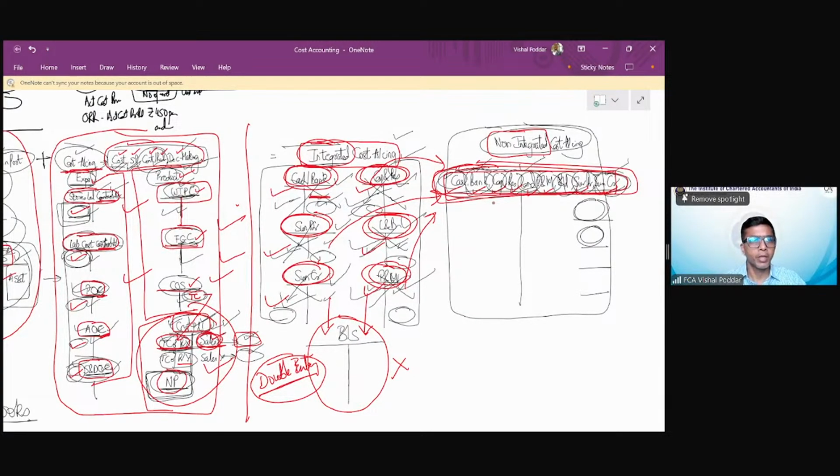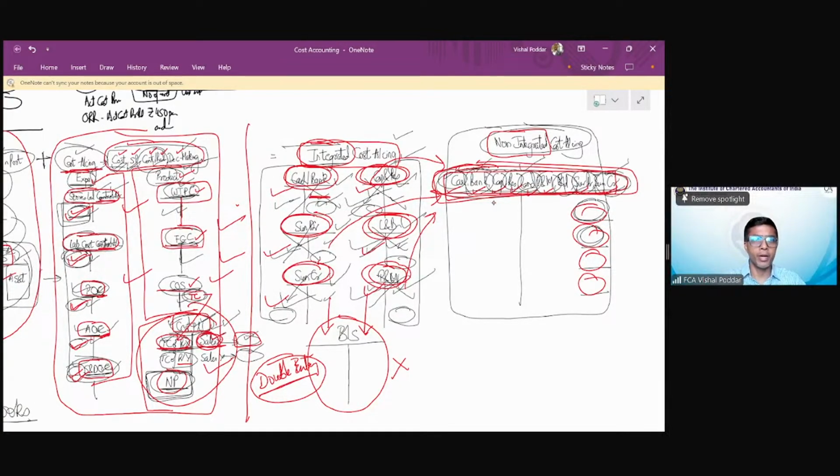And then again, whenever I am incurring any expense or making a purchase, I will debit these accounts. Credit entries will fall in this account. So for completing the second effect, the account that I needed was the assets and liabilities account. But here in non-integrated, I will be having one account which will be representing all these assets and liabilities.